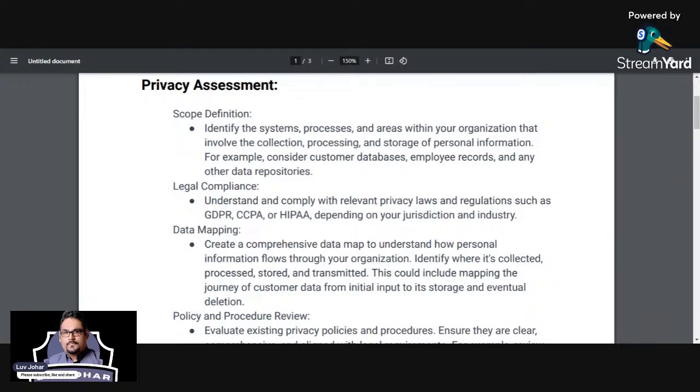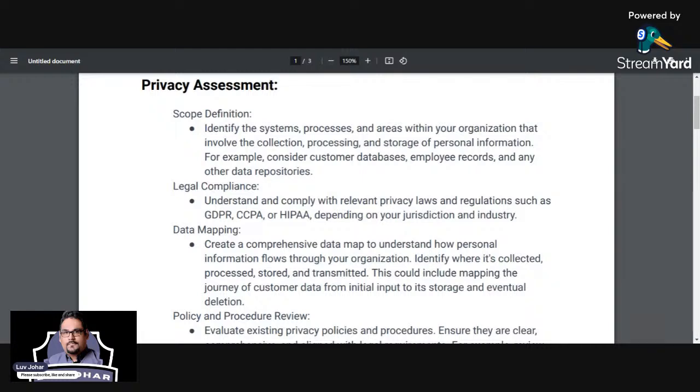For example, there might be many different processes in your organization, but not all of the processes would be dealing with the personal data. So you have to somehow understand and only define the scope here for the systems, processes and areas which are only dealing with personal data. This bit is very important, so make sure you understand this properly. You do not have to do this privacy assessment for the entire company. Okay, just make sure you understand this part very carefully.